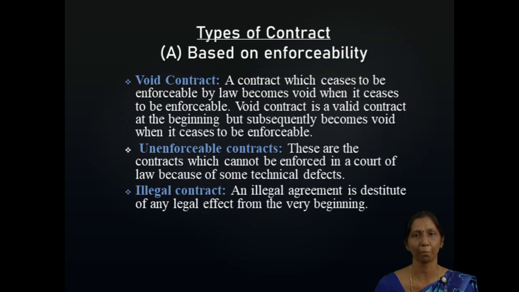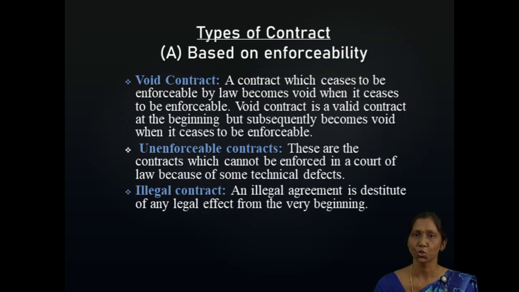We can see an example. For example, a book company has asked an author to write a book. They gave the offer and the author accepted the offer to complete the book. So there is an agreement and it is enforceable by law. Both exist at the beginning.